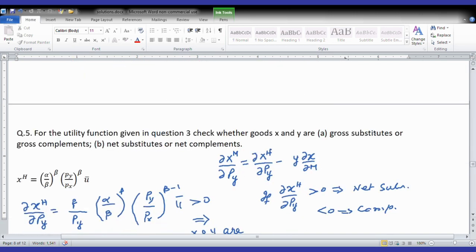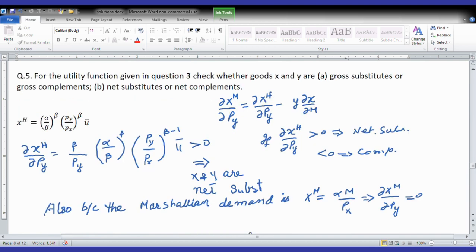Okay. Well, question number 6: for the utility function given in equation 3, check whether goods X and Y are gross substitutes or gross complements, and whether they are net substitutes or net complements.